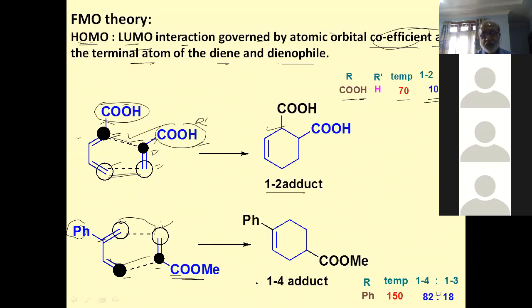So we get the 1,4 product as the major product, and from the result also we find here 82% and 18%, where 1,3 is 18%. So this is one explanation for this. I'll be forwarding this, and you can read it.